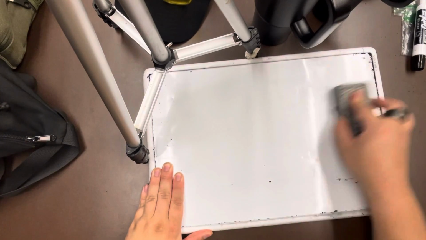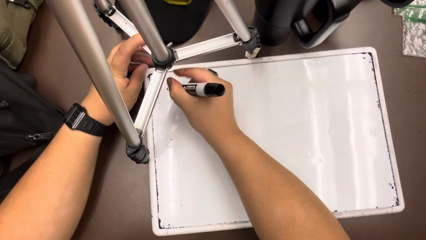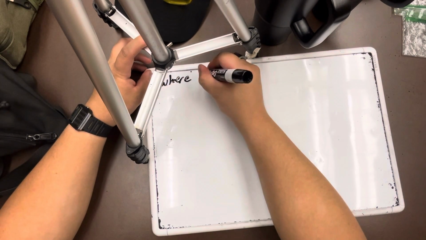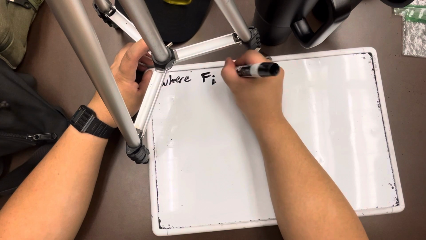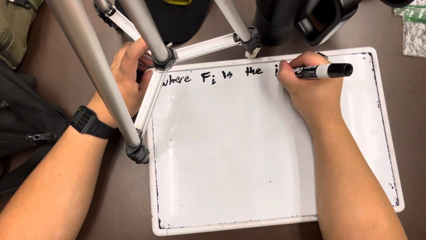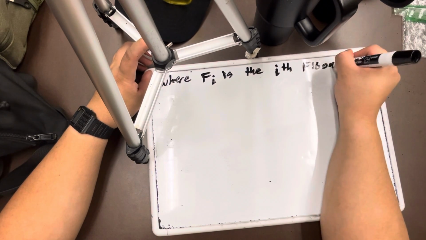So this is where F sub i is the ith Fibonacci number.